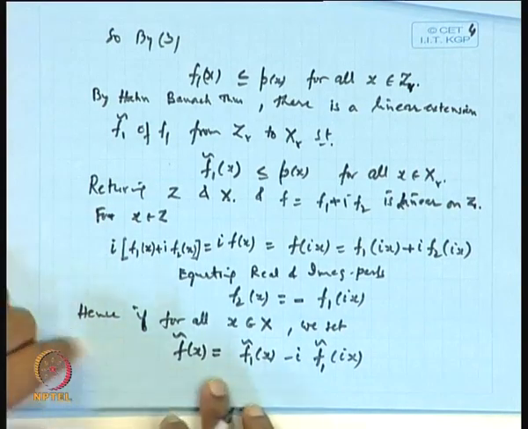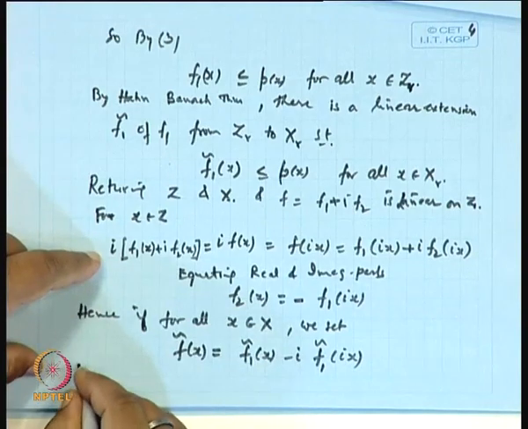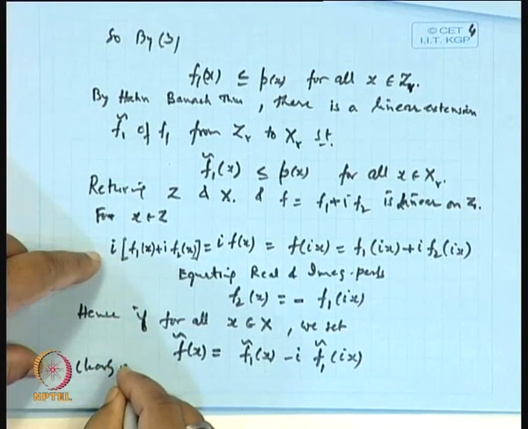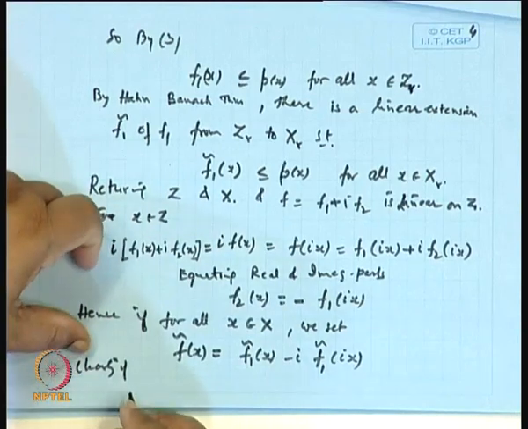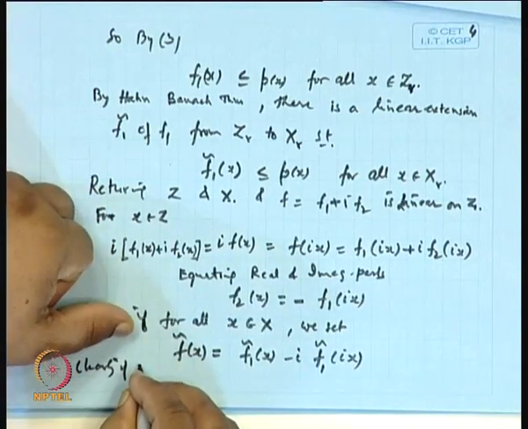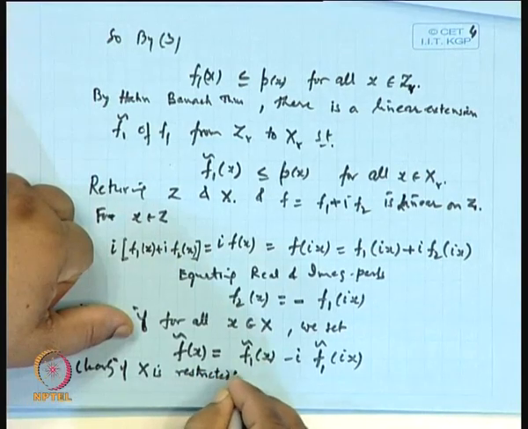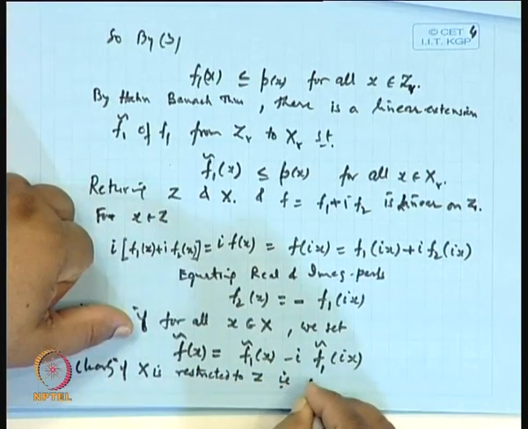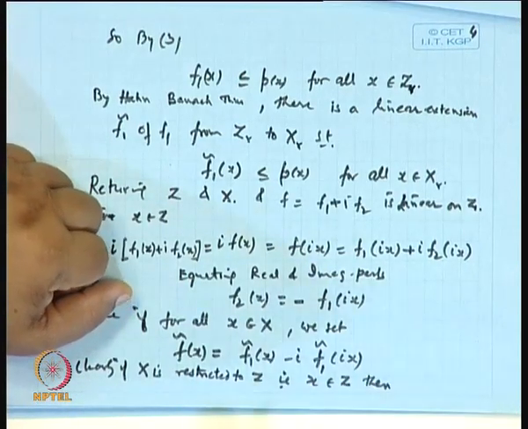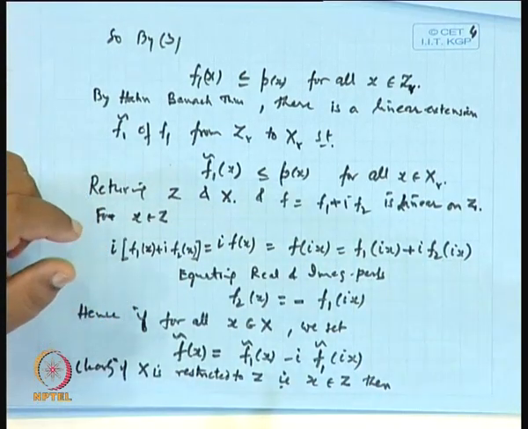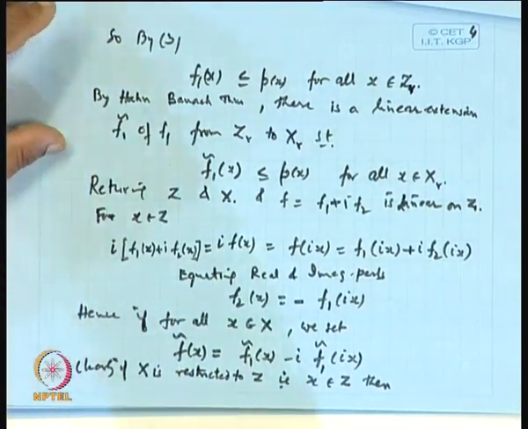Now, if I set this f delta(x) when x belongs to X, then clearly, if x is restricted to Z, that is, if x belongs to Z, then this f delta(x), let us give the numbers here again.